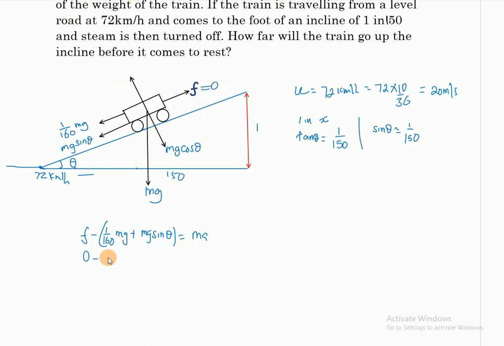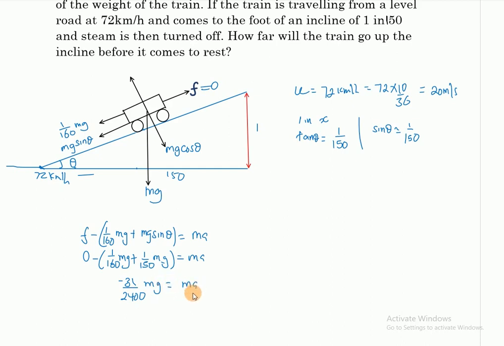Then subtract 1 over 160 mg plus sin theta, which is 1 over 150, times mg. The m's will go, and this gives negative 31 over 2400 mg.